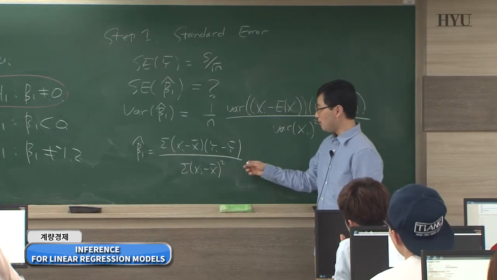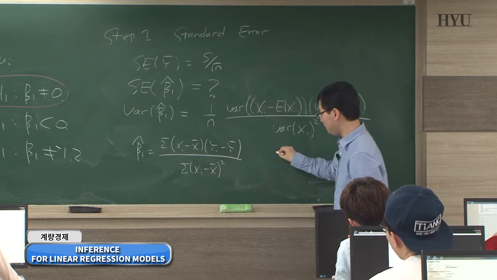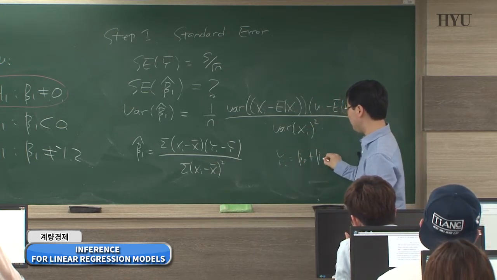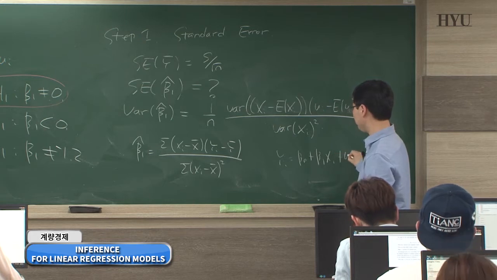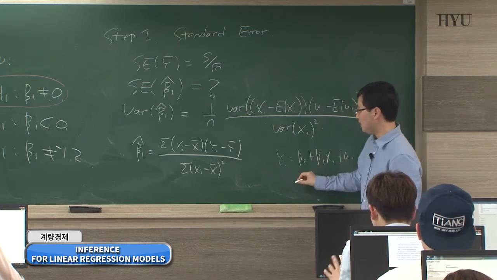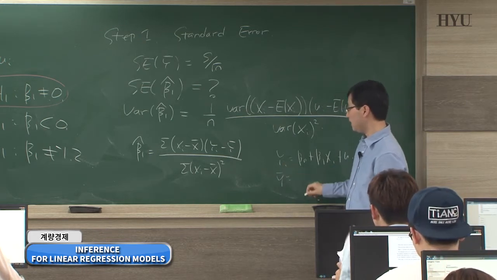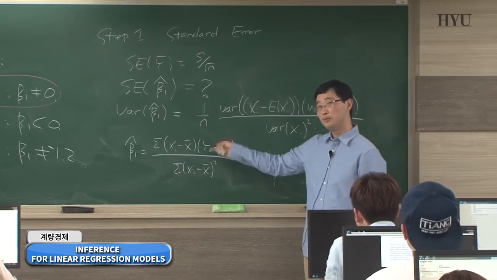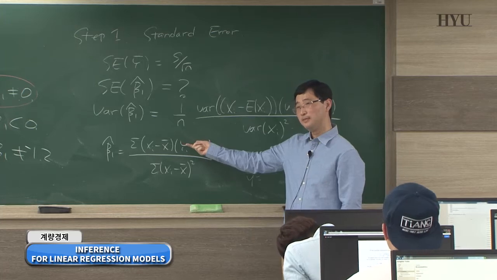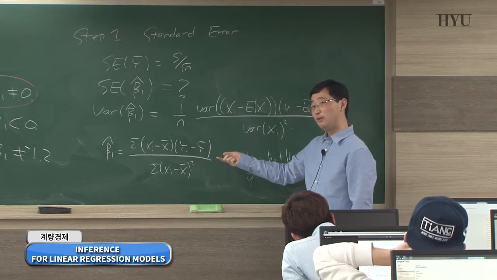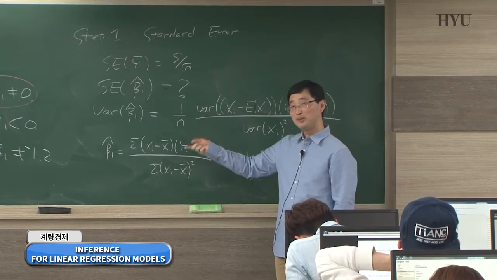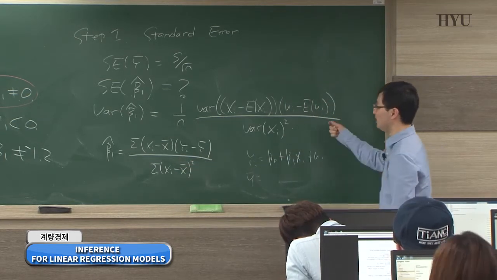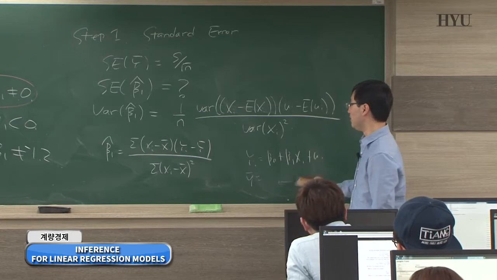Now you just plug in what your yi is. Your yi is something like that. What is your y bar? Then you can calculate your y bar, and you plug these things over here in this expression, and if you work it out, and you calculate the values, and that's it. And you can get this. Okay.